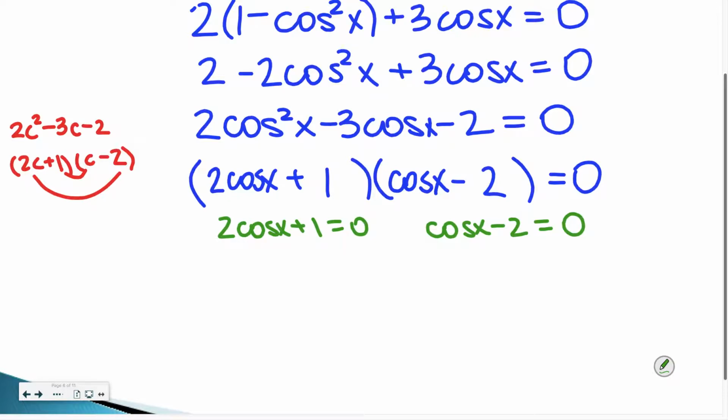Let's start with the one on the left, because some of you, the wheels are already turning. If we solve this, we have the cosine of x equals negative 1/2. And that's a nice unit circle value, isn't it? Where is the cosine equal to negative 1/2? 4 pi over 3.